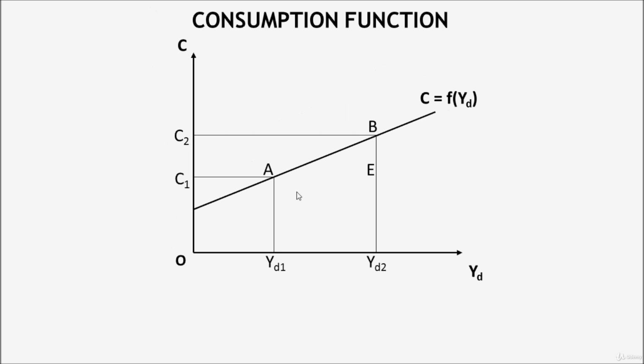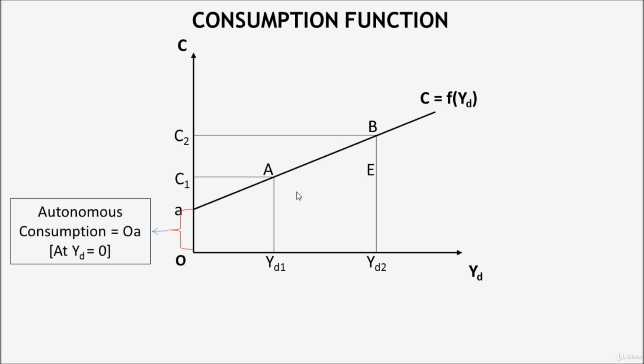Let us see the autonomous consumption and marginal propensity to consume in figure. Here is our consumption function. The intercept of the consumption function on the vertical axis is OA. It measures the autonomous consumption when disposable income is 0. Again, if the change in disposable income is AE, change in consumption expenditure is BE.